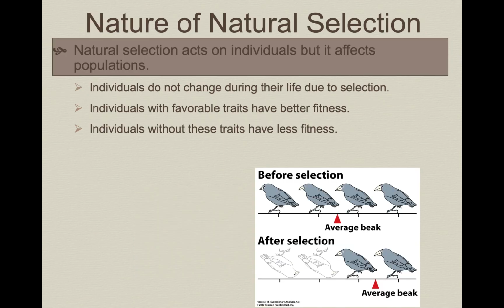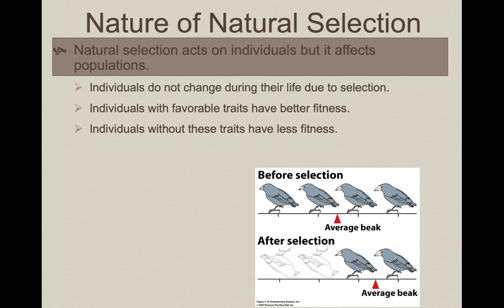All right, so I've talked a lot about how natural selection works, but there are lots of misunderstandings of how natural selection works. And so I want to try to address some of the common misconceptions about natural selection. It's important to realize that natural selection acts on individuals.